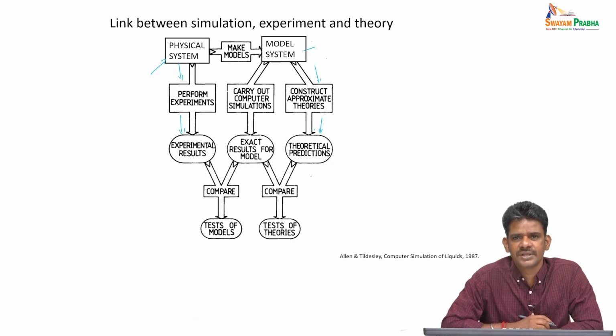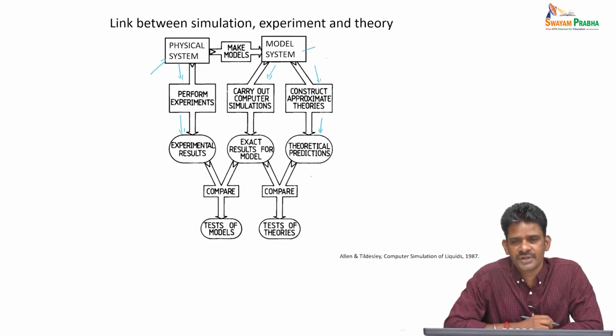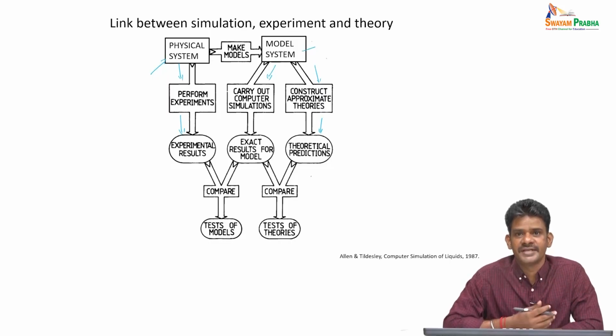So, these are the two traditional ways, and we argued that computer simulation is yet another method by which we can take the model system and then do an explicit calculation of properties, looking at atomistic details, molecular interactions, etc. It serves a purpose to check the accuracy of theoretical models on one hand. On the other hand, it tries to explain the experimental results as well. Because of this nature, we think of computer simulation as a computational experiment.